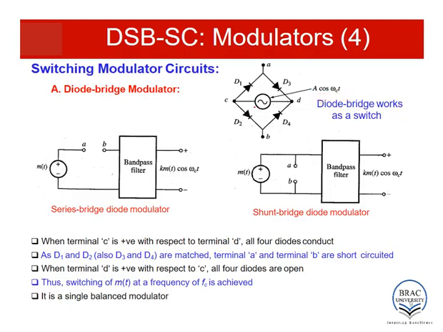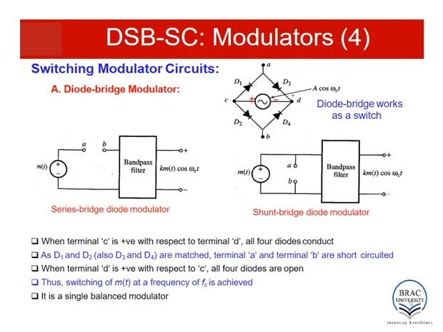When the polarity of this source is something like this, plus on this side and minus on this side, then all the 4 diodes will be forward biased. You can see this is positive, so this diode is forward biased, this diode is forward biased, this is negative, so this diode is also forward biased, this is also forward biased.